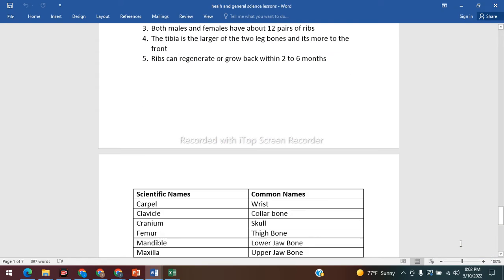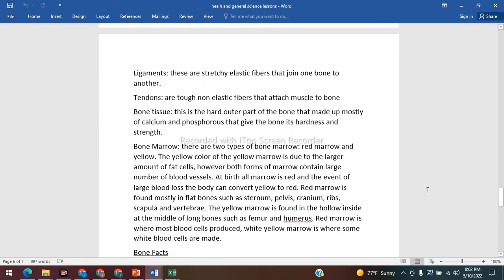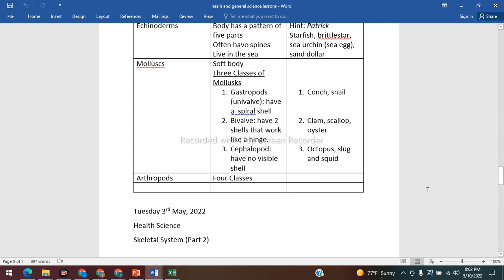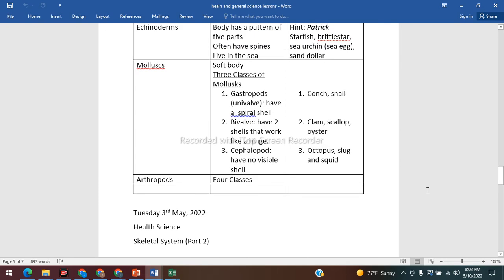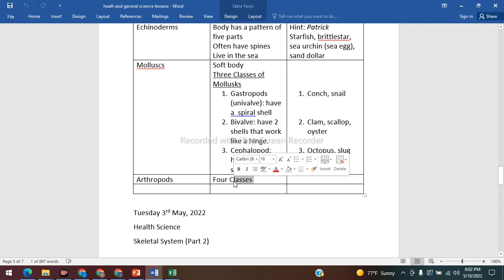So for homework, I told y'all to look at the classes of the arthropods, didn't I? Yes, sir, you did.